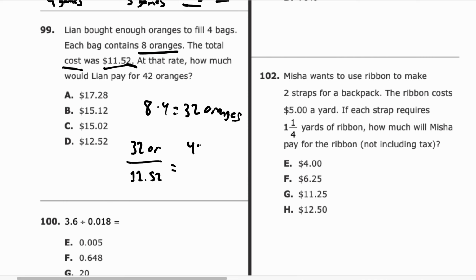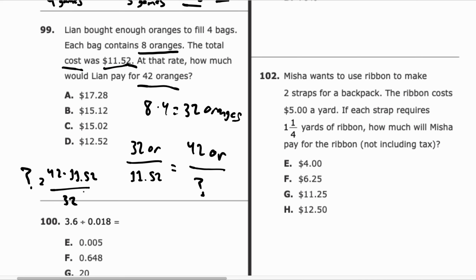And we want to know if we have 42 oranges, how much does that cost, right? So we set it up as a proportion like this, and then we can just cross multiply. Okay, and then this would be, I don't know what that would be.